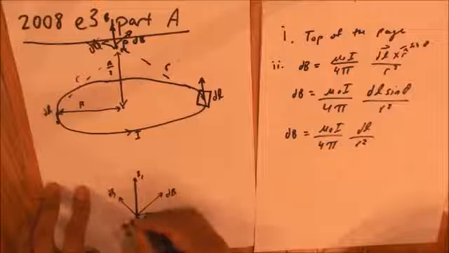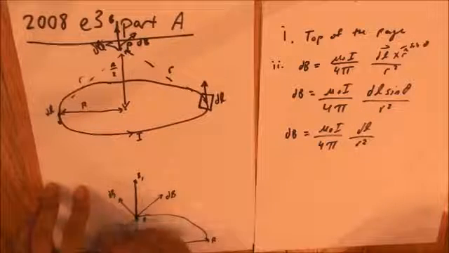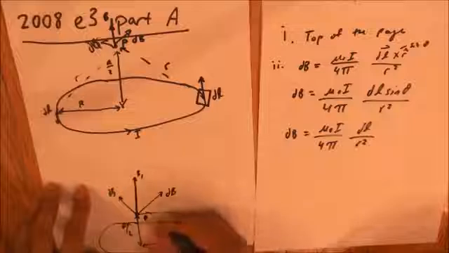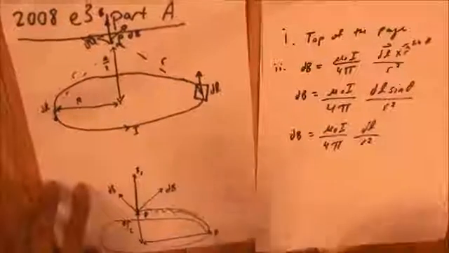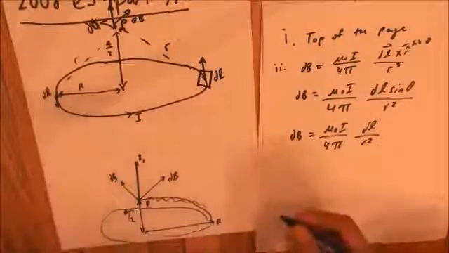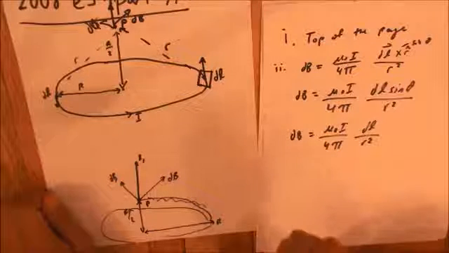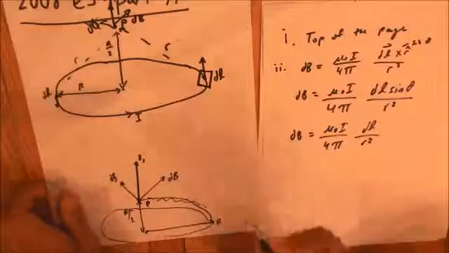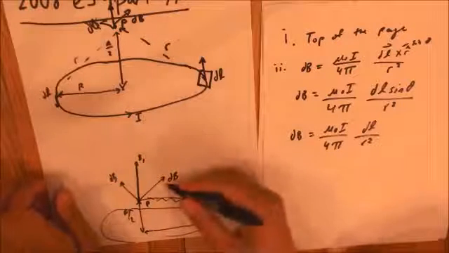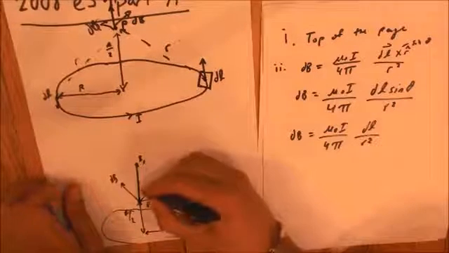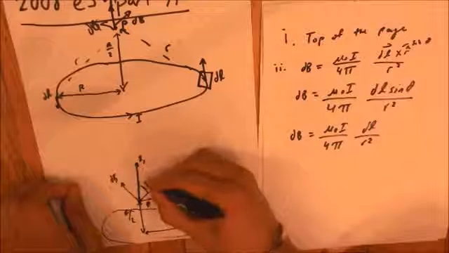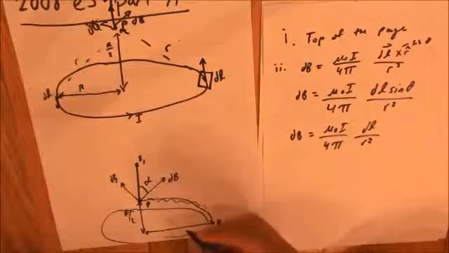edge of the loop. It's going like this. That's like the loop right there. Ignore this part here. So then we're going to see that, in order to take into account this B1, we're going to have to take into account this angle here. We'll call it alpha.